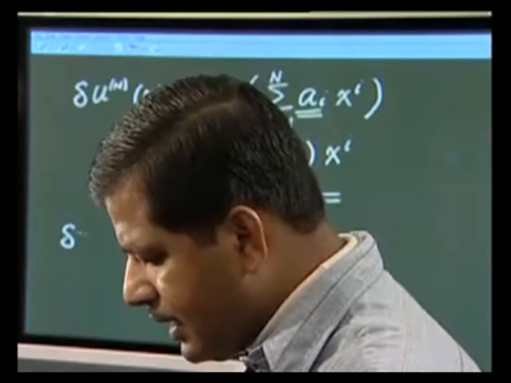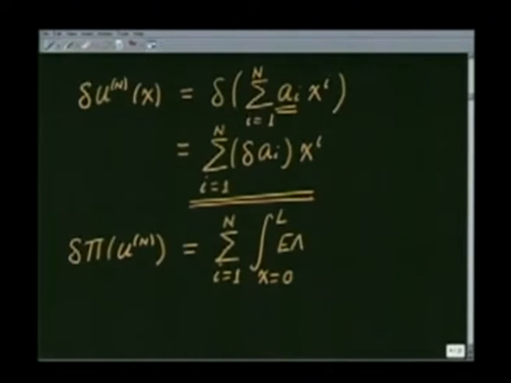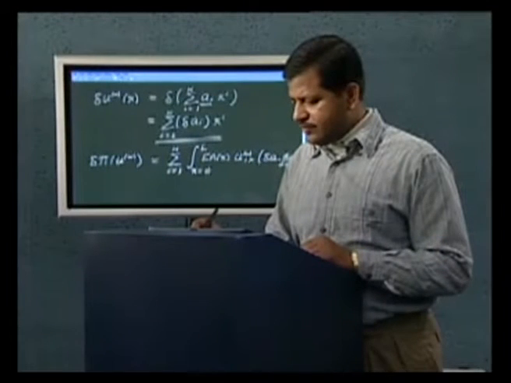We'll get delta pi of u_n equal to summation i equals 1 to n of EA, which is a function of x, u_n comma x, and here we get the variation of a_i and d/dx of x to the power of i.